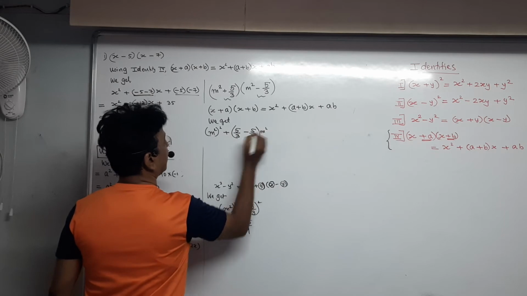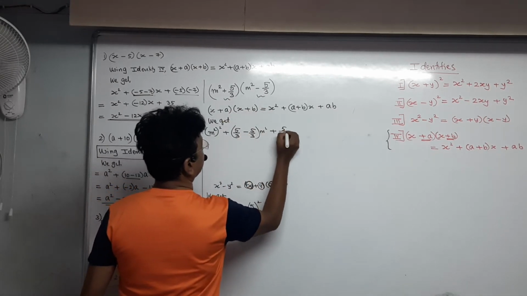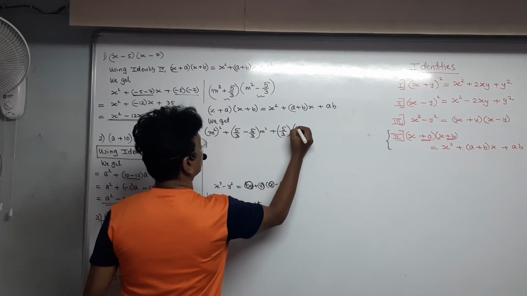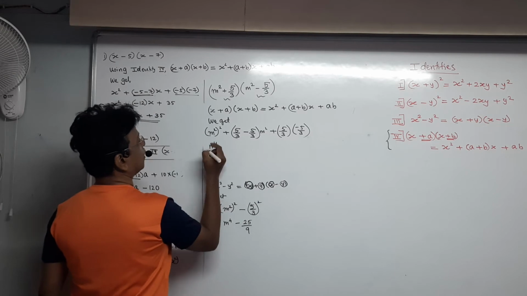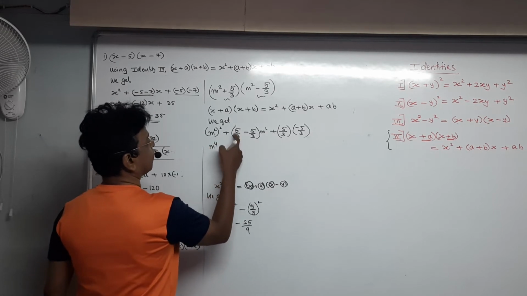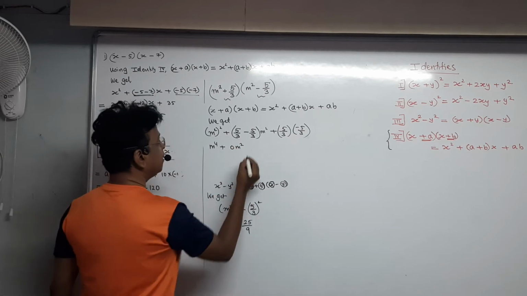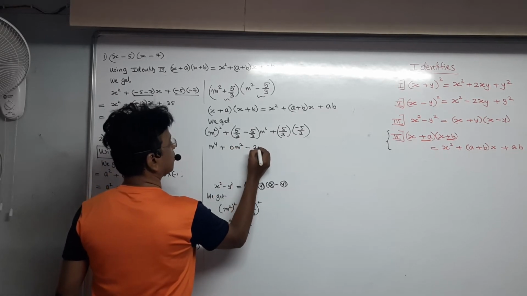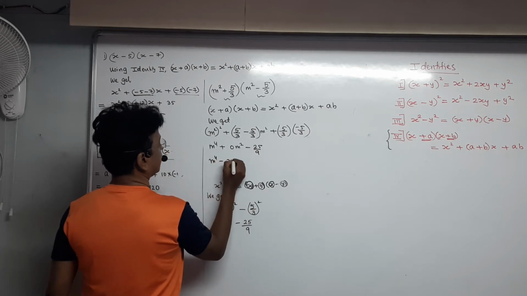Then m square plus 2, you will multiply here 5 upon 3 into minus 5 upon 3. If you pay attention, 5 upon 3 minus 5 upon 3 will become 0, so m square will be 0 again, minus 25 upon 9. This will become n raised to the power of 4 minus 25 upon 9.